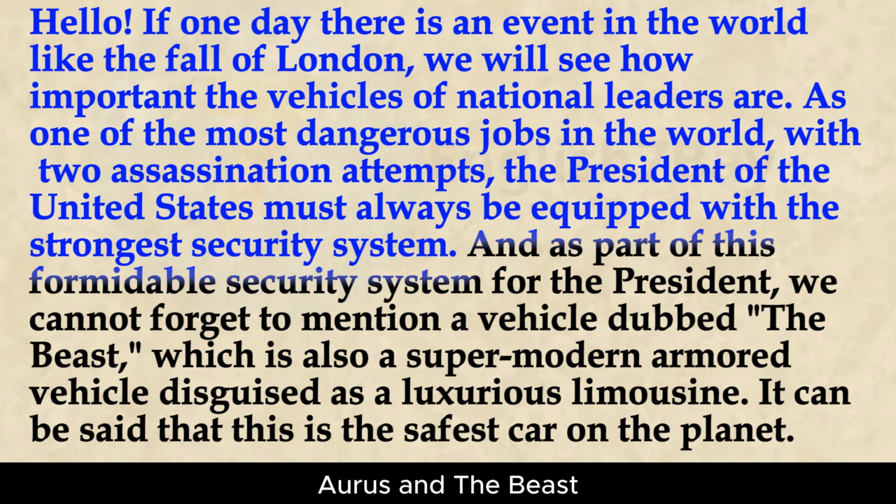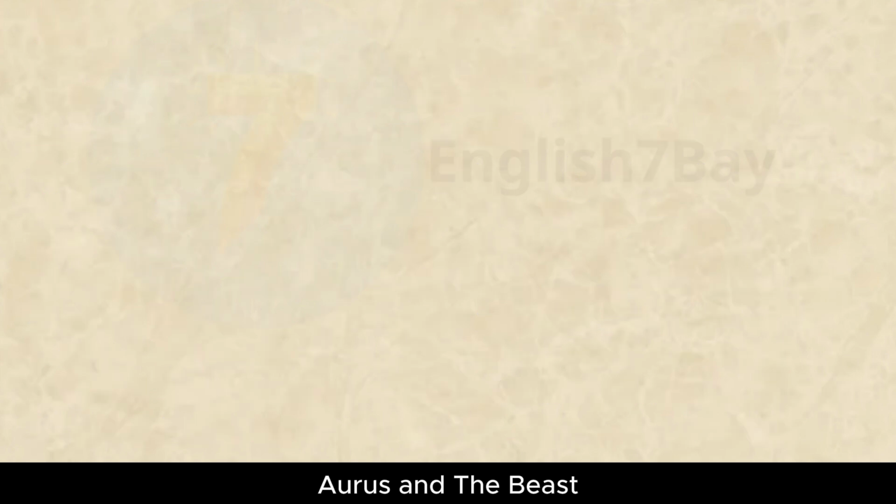And as part of this formidable security system, we cannot forget to mention a vehicle dubbed the Beast, which is also a super-modern armored vehicle disguised as a luxurious limousine. It can be said that this is the safest car on the planet.